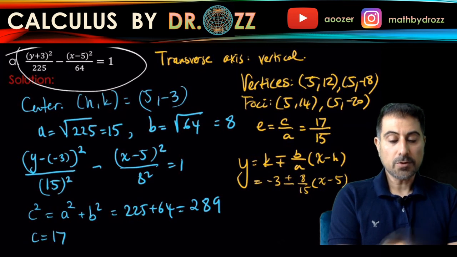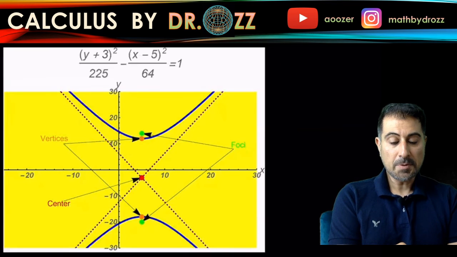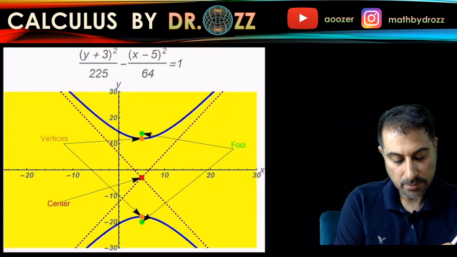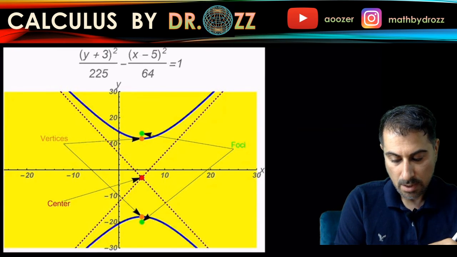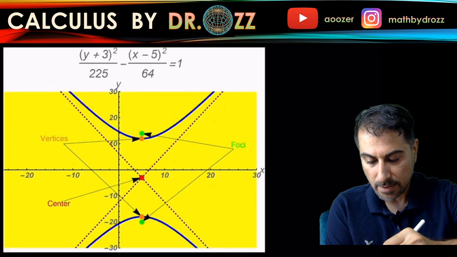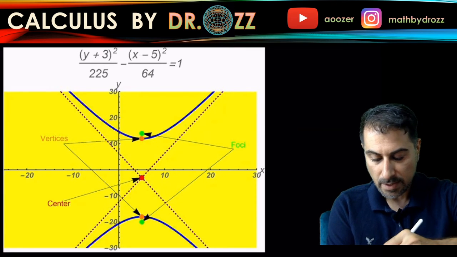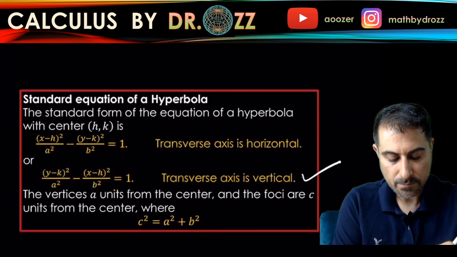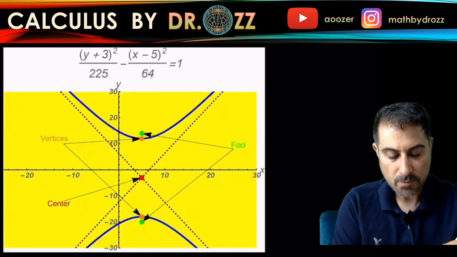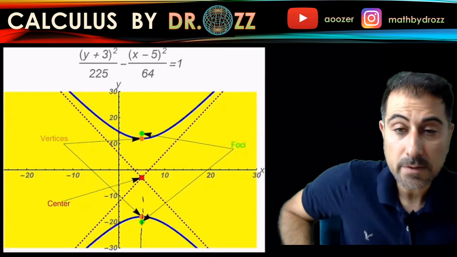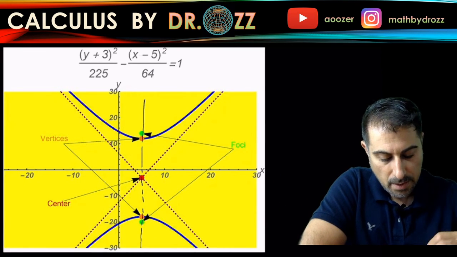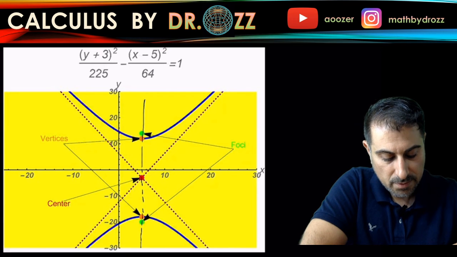We have the blue curve representing the hyperbola, with the transverse axis being vertical, obviously. So the foci, vertices, and the center are located on that axis. As you see, this is the center.